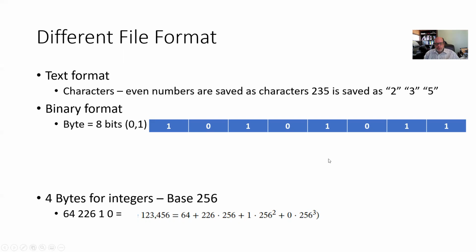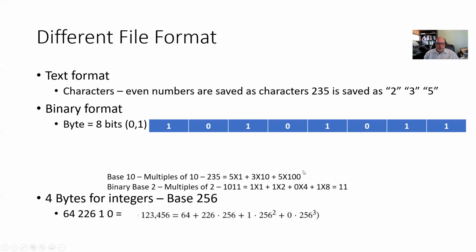a regular number, I'm going to call it a decimal number, or Arabic number, or whatever we want to call it, is base 10. So when we are talking about our regular numbers, or base 10, that means every time we go from the right to the left, we are multiplying by 10.